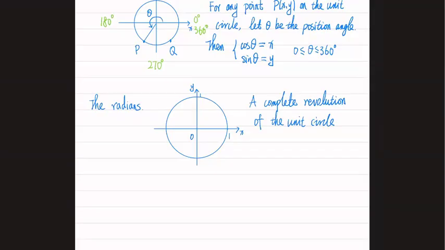Use degrees. If we say degrees, we know it's 360 degrees. We can also use the circumference of the circle.